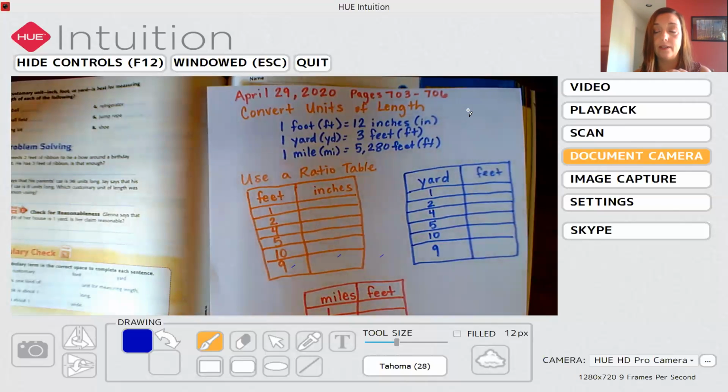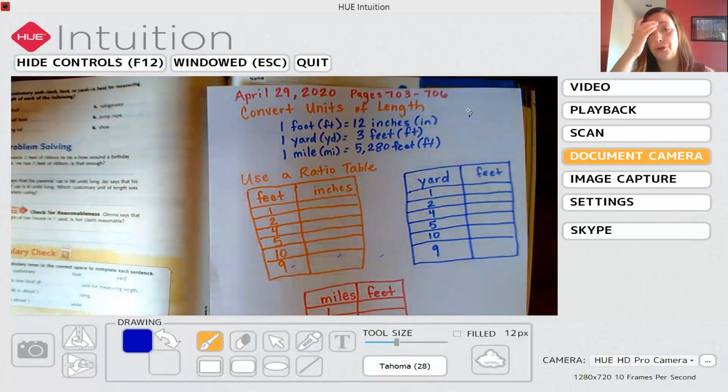But when you get to the store, you might find that they actually sell the materials in inches. And so you would have to be able to change your measurement from feet into inches in order to buy the materials that you need for the curtains for your window. So we often have to be able to convert or change the units from one unit to another.